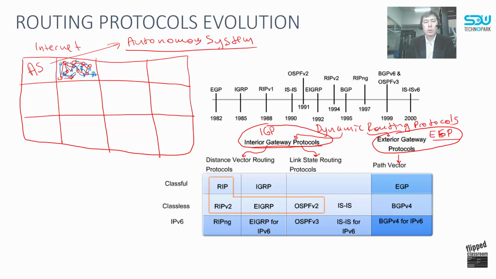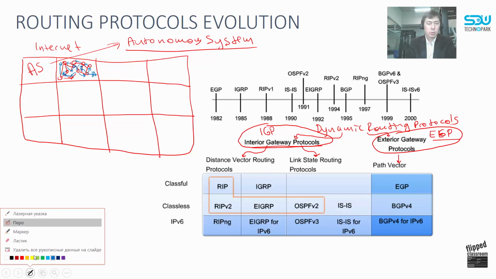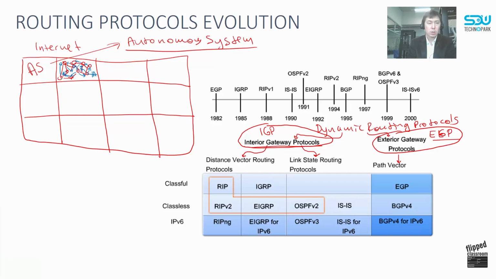Convergence is the process when routers exchange the routing information. At the same time, another router, like this one, can lose a network. For example, we had a network here, but now we don't have it. And then the router has to send information about it to all other neighbors, and the neighbors exchange this data.